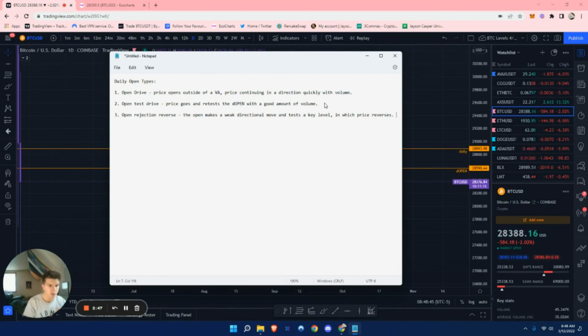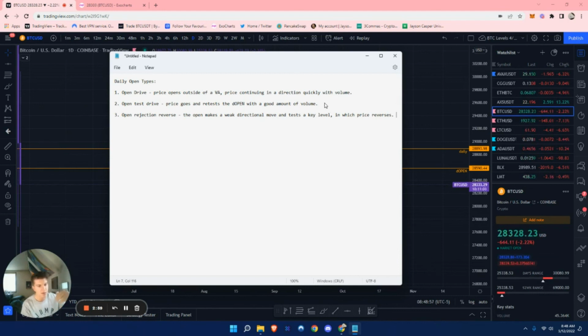If you see price consolidating with very low volume, then retest a support or resistance, and then reject or act as support with a good amount of volume, that is typically a good sign that price is going to move strongly in that direction. Then you can get a pretty good trade based off of what is happening.